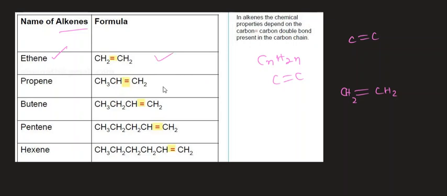So CH2 double bond CH2. For propene, prop means three carbon atoms, so write down three carbons and put the double bond: CH3, CH, CH2. Do you know how I put this number of hydrogen atoms? Based on the carbon atoms available. We must ensure the tetravalency of each carbon atom is maintained.